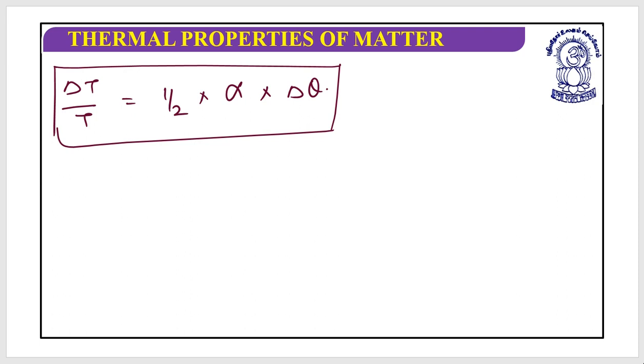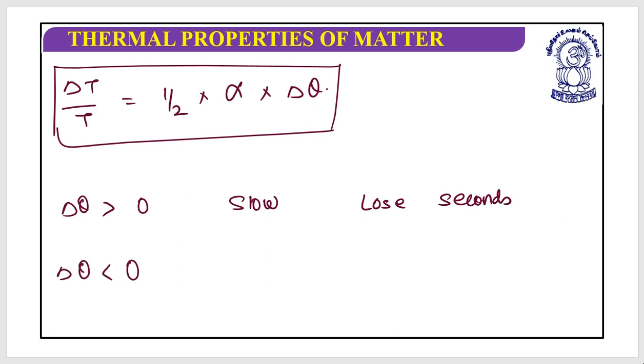So delta theta greater than 0, clock will become slower, and you are going to lose seconds. If delta theta is less than 0, clock will become faster, and you are going to gain certain seconds.